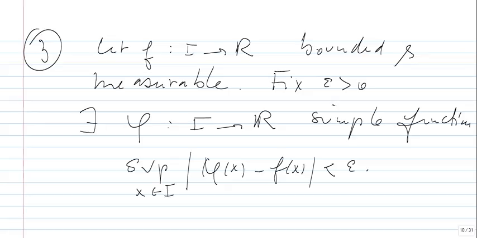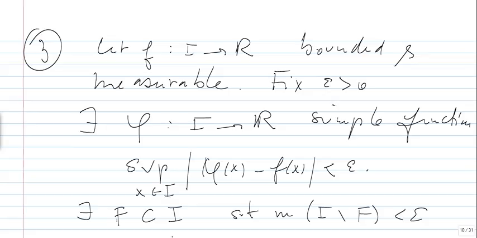Okay, so we have done that before. This is an approximation of a bounded measurable function by a simple function. So now we can use the question just before. So there exists now for that epsilon, there exists F subset of I such that the measure of I minus F is less than epsilon.